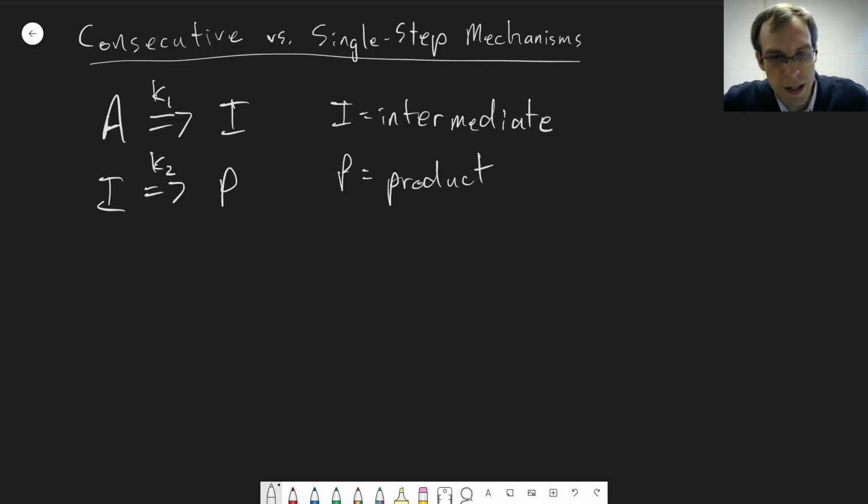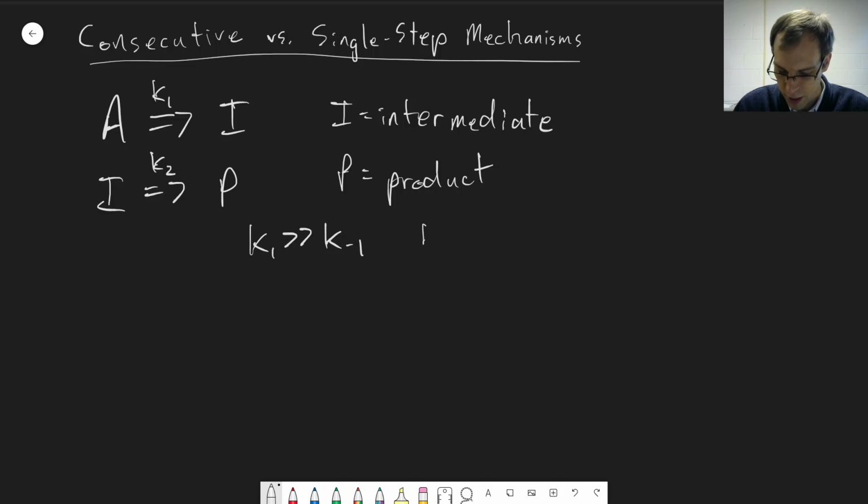In this reaction, of course, we could look at the reverse reactions, but we're assuming here that K1 is much, much bigger than K minus 1, and K2 is much, much bigger than K minus 2, meaning that essentially this reaction just proceeds in the forward direction, and there's no appreciable reaction going in the reverse direction. And so this is the model we can take.